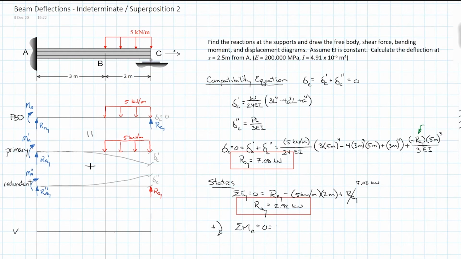Set it equal to 0, and we have our moment at A plus our UDL again, which is 5 kilonewtons per meter over the 2 meters which it is applied, and the moment arm to its centroid then is 4 meters, minus the reaction at CY, which still is equal to 7.08 kilonewtons multiplied by its moment arm, which is 5 meters. And that allows us to calculate that the moment at A is equal to 4.6 kilonewton meters.